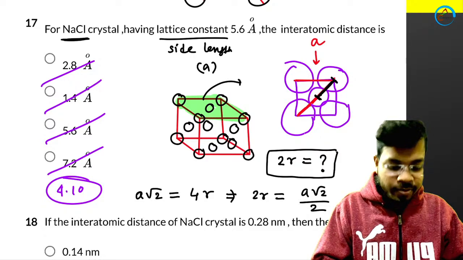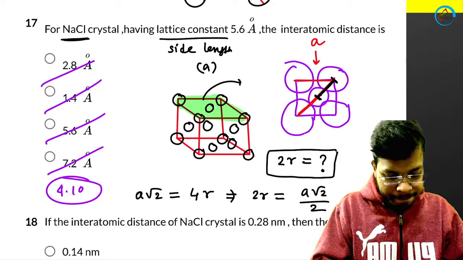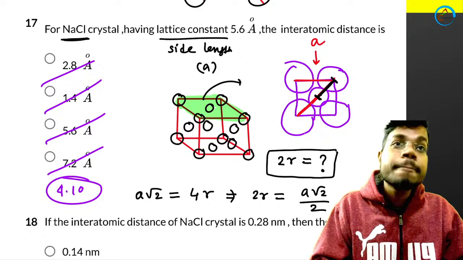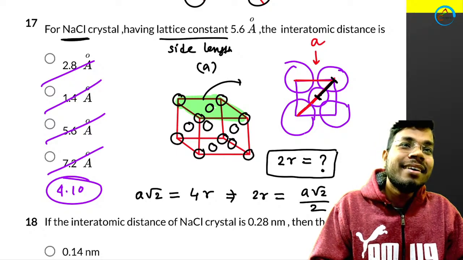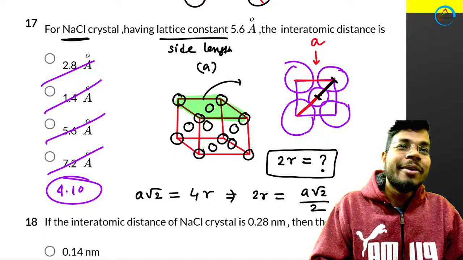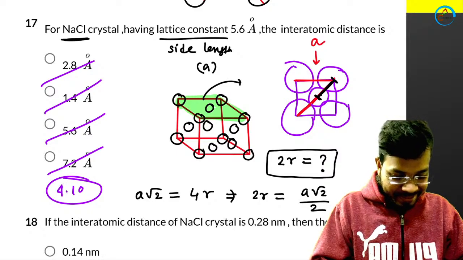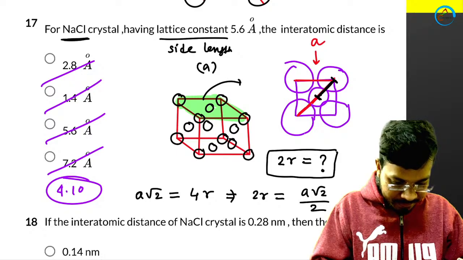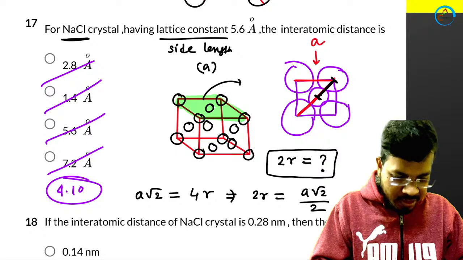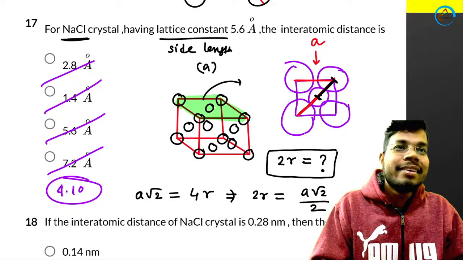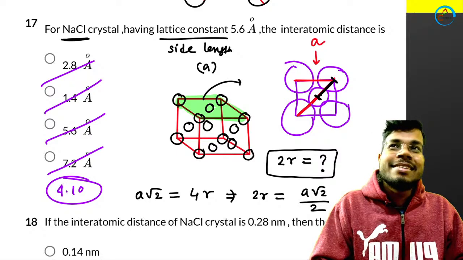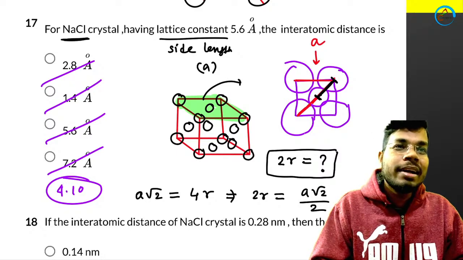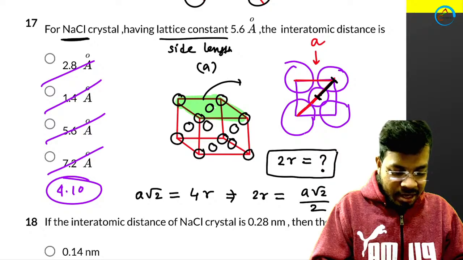Okay, just tell me. You are talking about A, interatomic distance, not any other distance. So you have to calculate interatomic distance, not other distance.